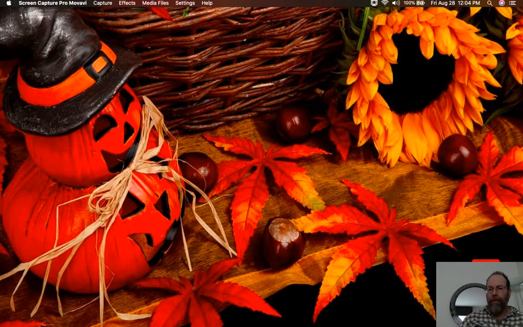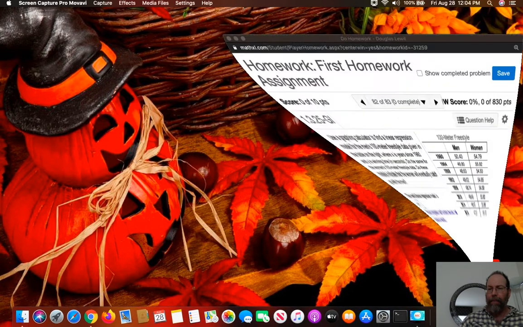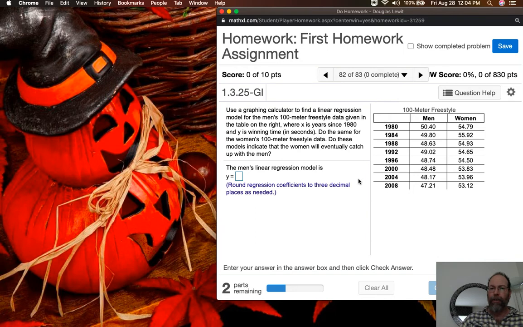A student in the class emailed me about this particular question in your homework, question number 82. So why don't we work on that? It reads, use a graphing calculator to find a linear regression model for the men's 100-meter freestyle data given in the table on the right, where x is the number of years since 1980 and y is the winning time in seconds.